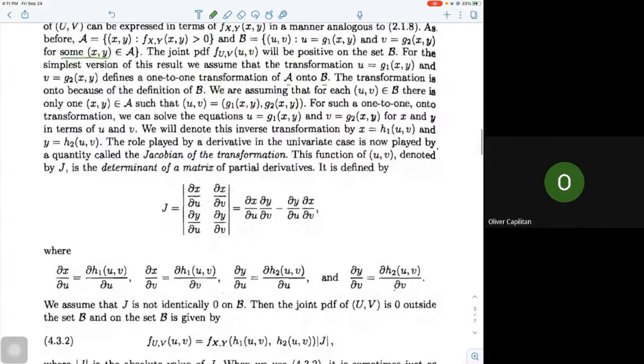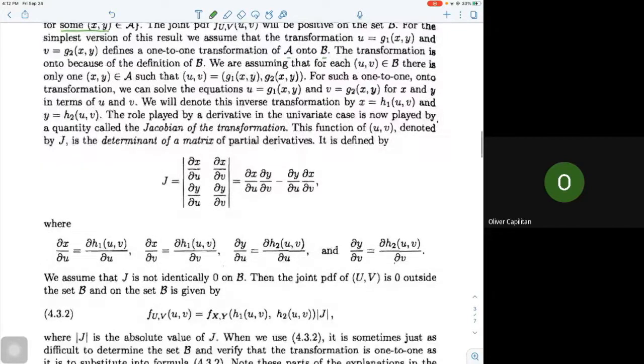And if we have a one-to-one transformation from script A onto script B, then we can find the inverse transformation. We can let x be equal to h sub 1 of uv, and y be equal to h sub 2 of uv. In the univariate case, we have actually the derivative.